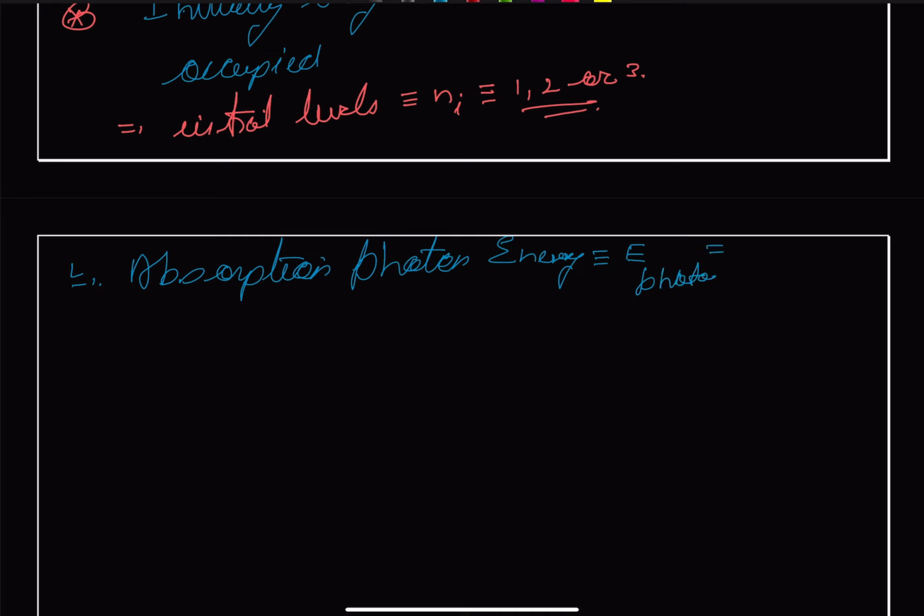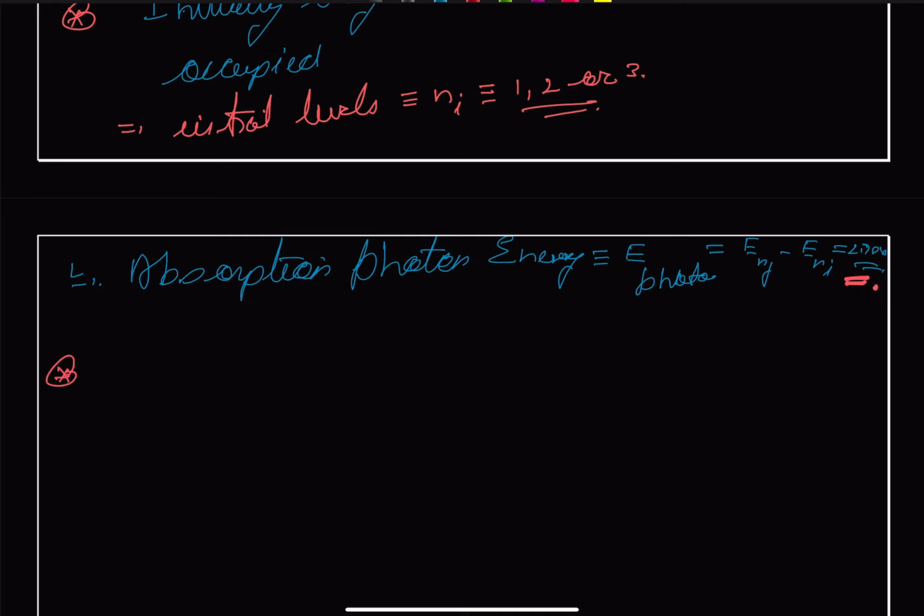Then this E photon will be equal to ENF, the final one, minus ENI, the initial one, and their difference is given to us as 2.7 electron volt. So with reference to 2.7 electron volt, we are going to find out what can be the possible emitted energy range.